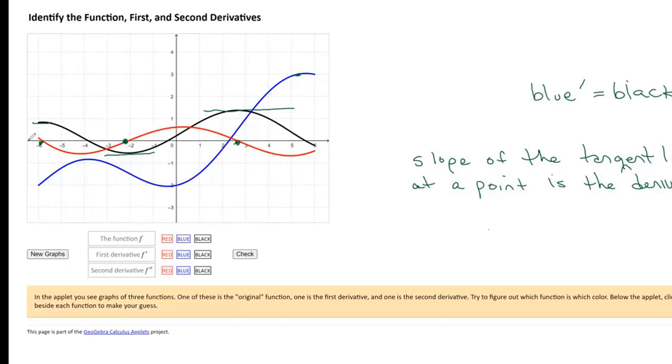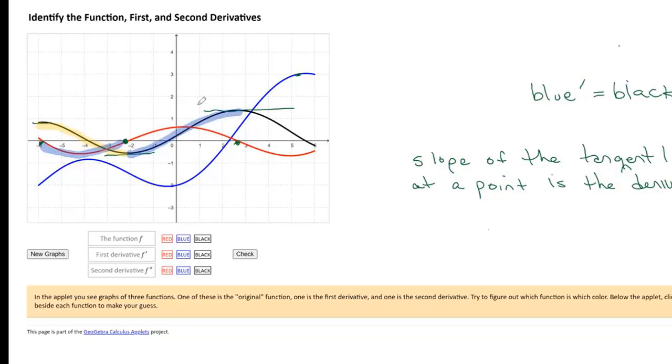And the derivative of black, we look at here, my function is decreasing until I get to this point. And here, my function is negative because the slope, since it's decreasing, the slope of the tangent line is going to be negative. And then it changes. From here to here, this is increasing.